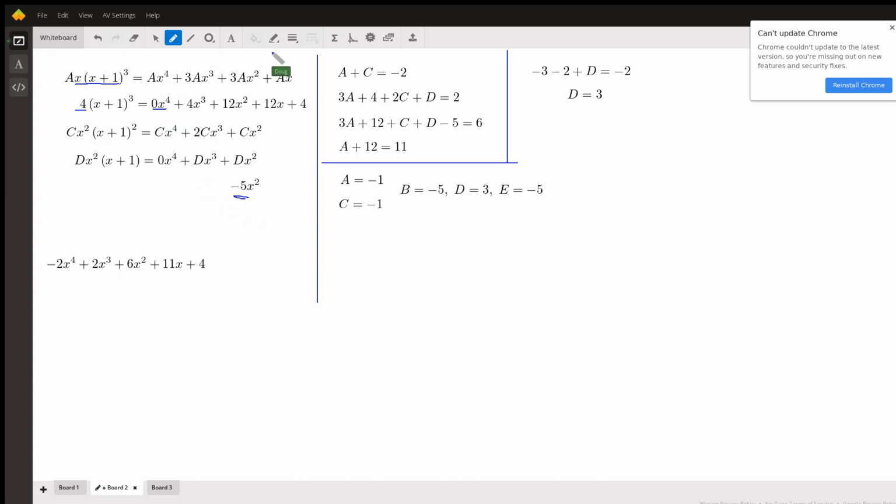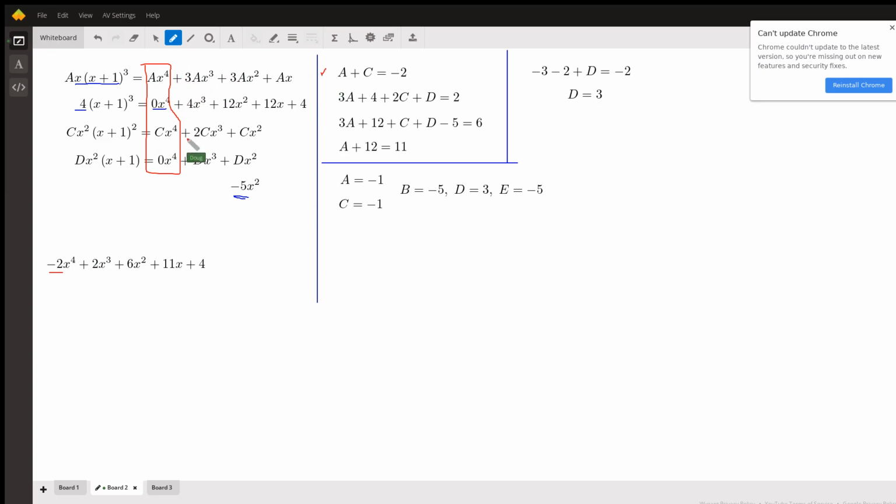Now it's time to equate coefficients. So I'll go to red. Here are the coefficients of x to the 4th right here. And the sum of those coefficients has to equal -2. So a plus c has to equal -2.